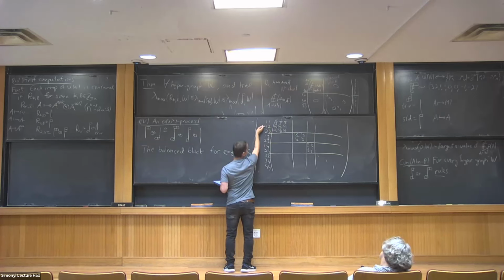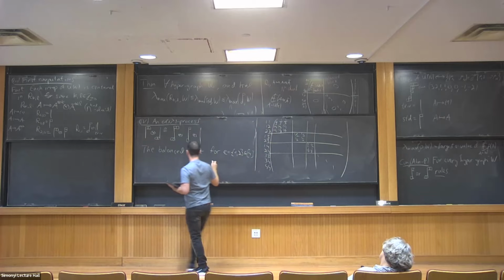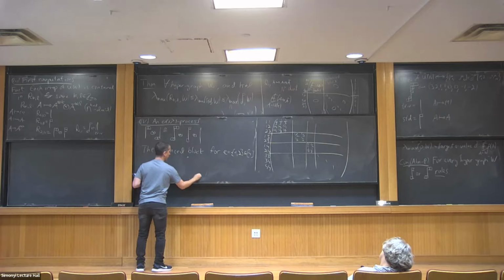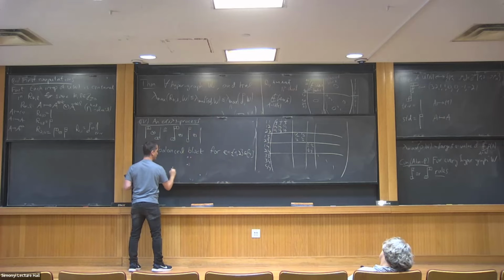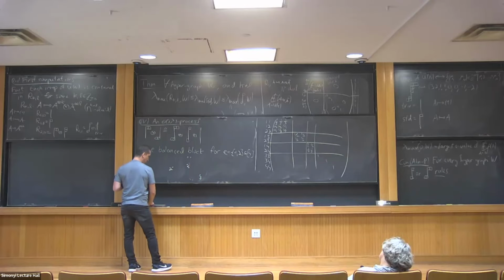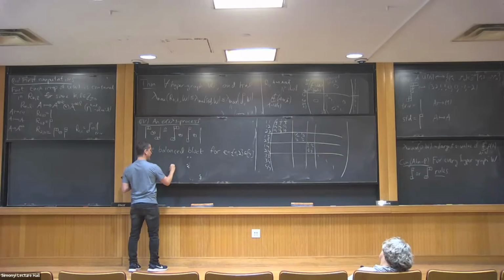Here I have one particle at 1 and one at 2, and here both of them are at 2. Imagine I have vertices 1, 2, 3, and 4, and 2 particles, say one sits here and one sits here.